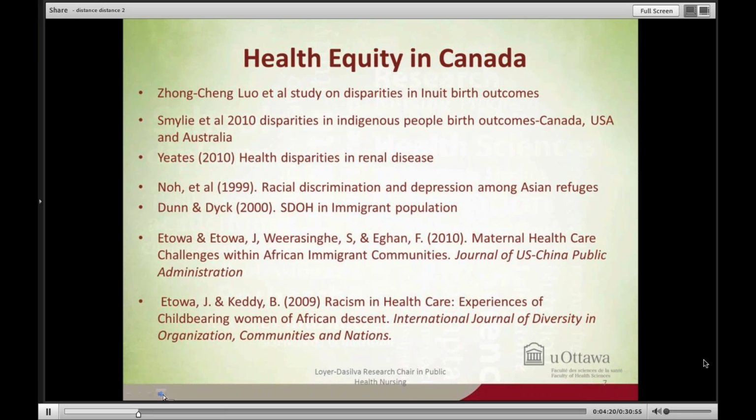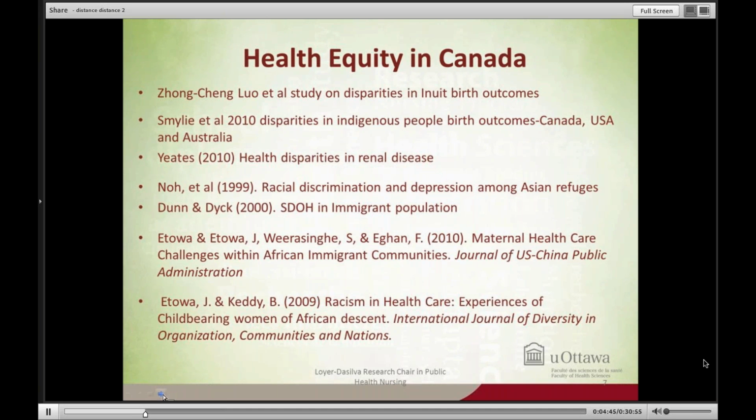There's an example here of a study done by Zhong Sheng and colleagues that looked at disparities in birth outcomes among Inuit people. We've also had a study by Smylie in 2010 that looks at disparities in Indigenous birth outcomes in Canada, the US, and Australia. So a comparison was done in these three countries.